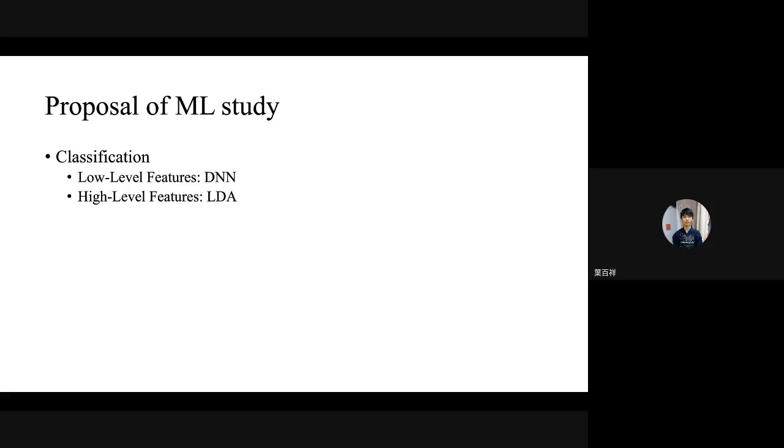The proposal of our machine learning can be divided into three parts. First is the classification using low and high level features. Since the low level feature is the spin configuration, which is two-dimensional data, it would be better to use a deep neural network as the model, while a linear discriminator is suitable for the one-dimensional high-level features.